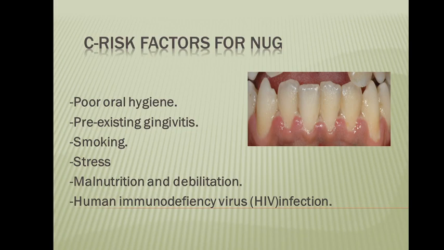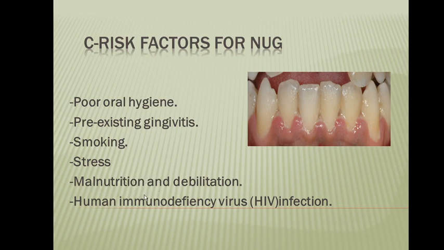Risk factors of necrotizing ulcerative gingivitis: poor oral hygiene, of course. A patient with poor oral hygiene will have necrotizing ulcerative gingivitis. Pre-existing gingivitis, if he had gingivitis, he will have necrotizing ulcerative gingivitis. Patient smoking, under stress, malnutrition, doesn't have a proper diet, doesn't eat fruits and vegetables and proteins and carbohydrates and so on.